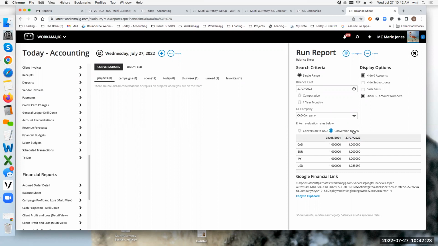Okay, so anyone have any questions? I know that unless you're using the system, it's kind of a lot of information to take in. Wasn't really sure how detailed I should go, but it's also understanding the extent that our multi-currency works within Workamajig is quite detailed, and it's quite a lot of information that you can gain within the system.